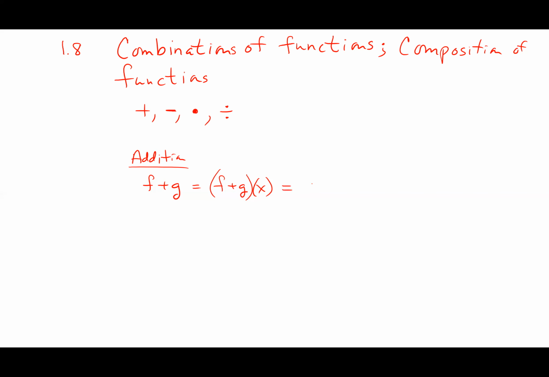So you'll see it all three different ways. This one is more like how we do the operation. This is more like how we're going to work it out right there. So I could write f plus g and just leave it like that. I can write f plus g in parentheses of x. So I'm adding these two functions together. X is the variable. This one means f of x, the f function plus the g function.